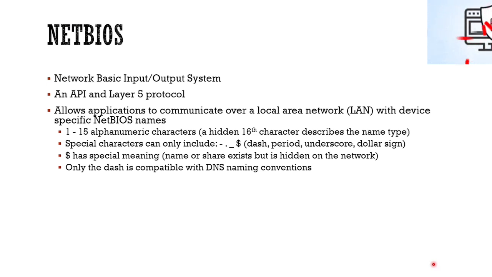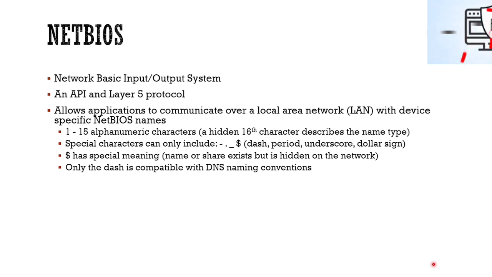And that was okay until Microsoft started adopting TCP/IP. The $ sign has a special meaning. It means the name or the share exists, but it's hidden on the network. Of all of these, only the dash is truly compatible with DNS naming conventions. For example, a dot in DNS means hierarchies, so you don't want a computer name that implies a hierarchy.